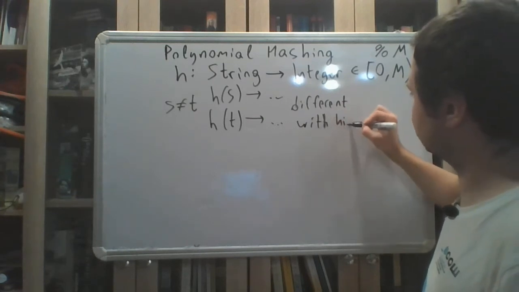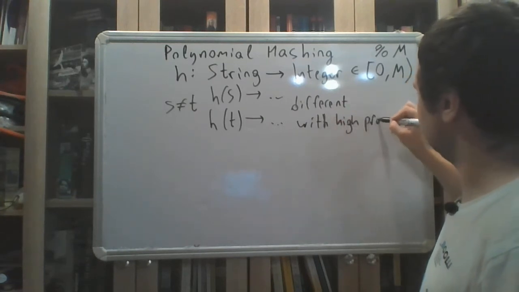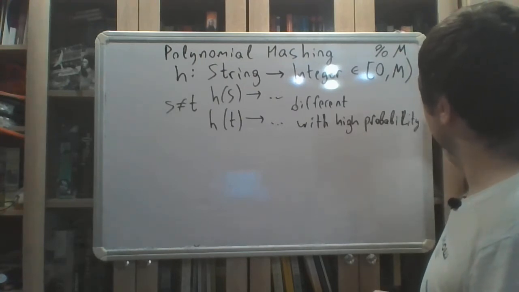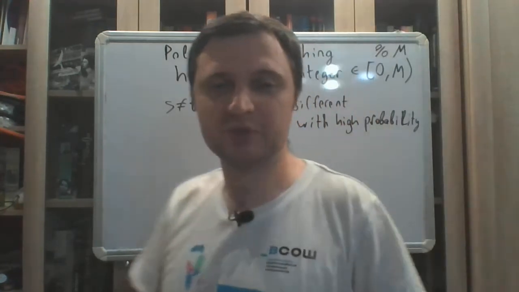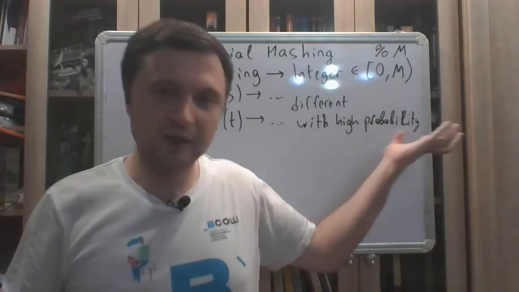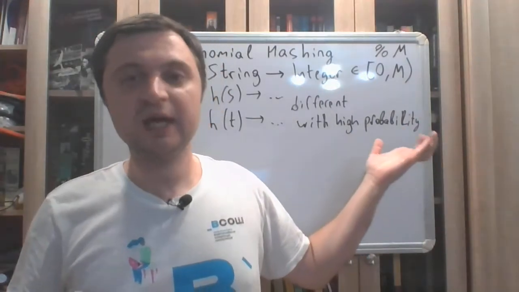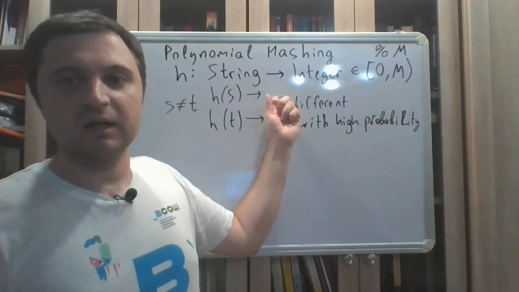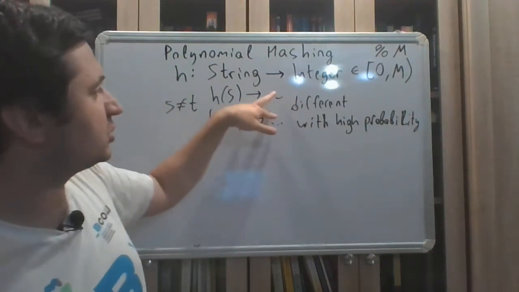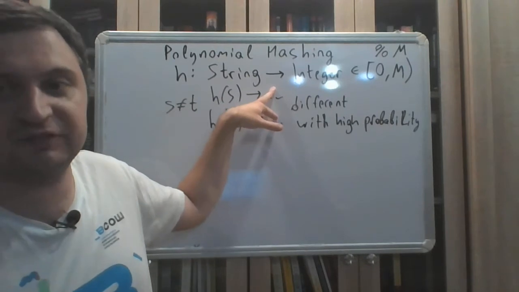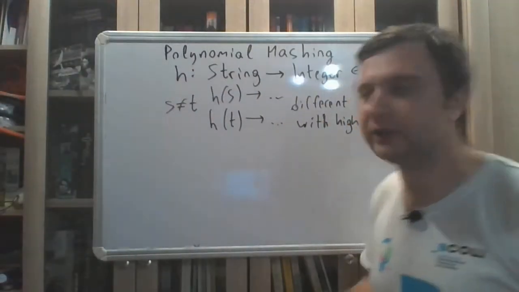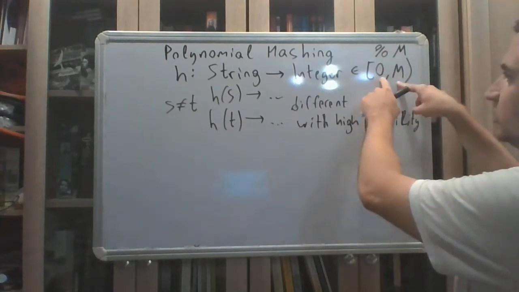That's the best thing I can say here. So we use the part of math called probability theory or statistics, and we say that we cannot be promising that these two values are definitely different. Well, in fact, we can do it if we allow huge integers.